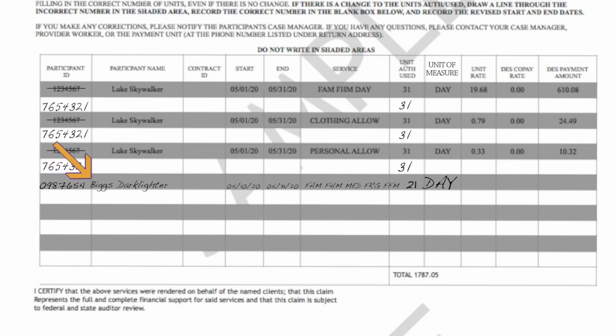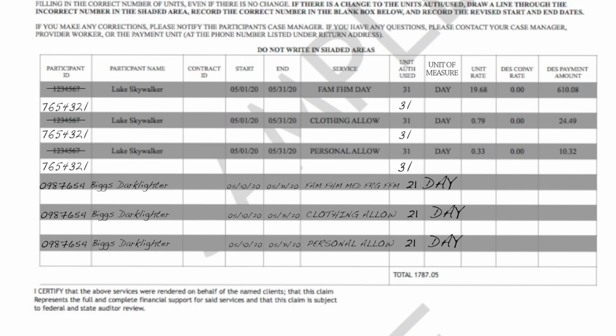That includes their participant ID number, which is found on the notice to provider, the child's first and last name, start date, that's the date the child was placed with you, end date, the last day the child was in your care, or the end of the month, what funds or services they were eligible for, number of units or days the child was placed, and the word day goes in the column marked unit of measure. The following columns will be filled out by the people who process your checks. Again, the information for the added child should include the license rate, their clothing allowance, and the personal allowance.